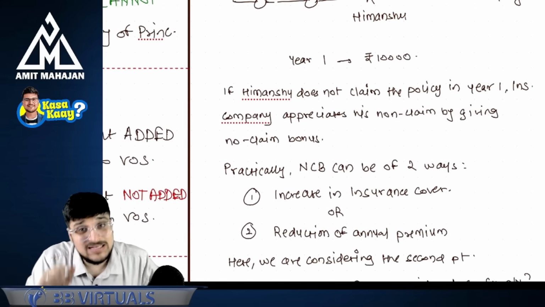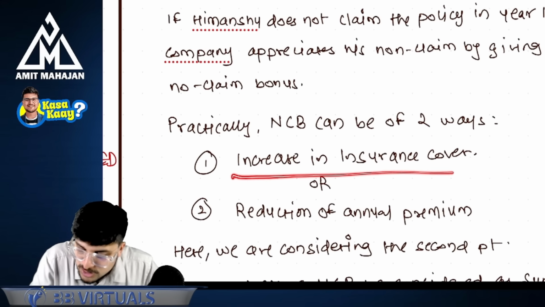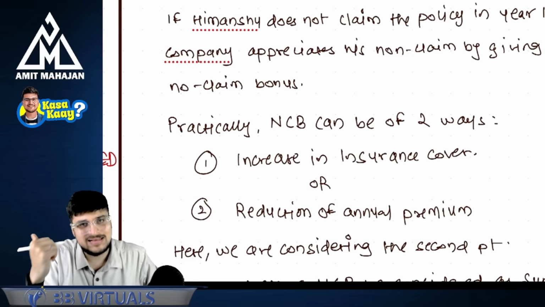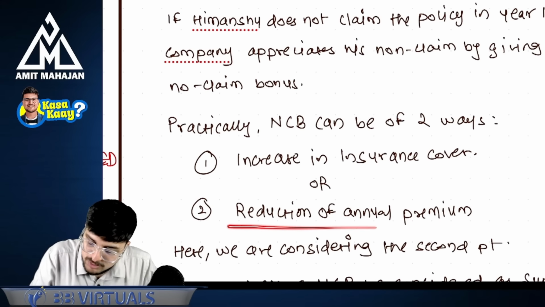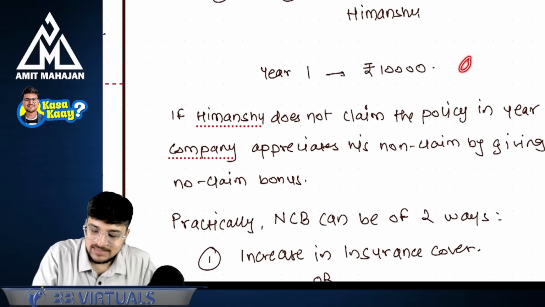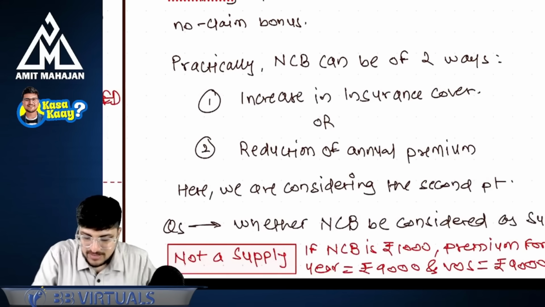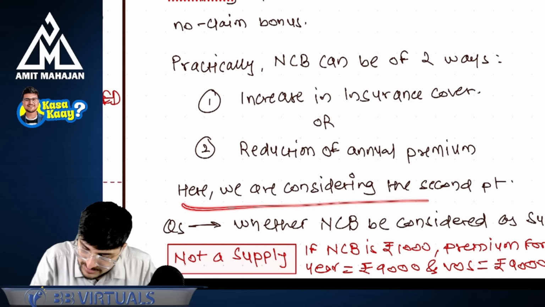Practically speaking, no claim bonus can be of two ways. It can increase the insurance cover, 5 lakhs to 10 lakhs, or it can reduce the annual premium. Since you are paying 10,000, you pay only 9,000 now. In GST, we are considering this reduction of annual premium, so here we are considering the second point.